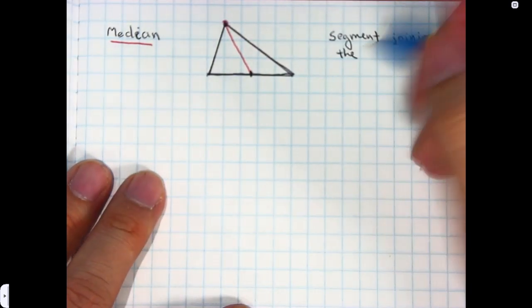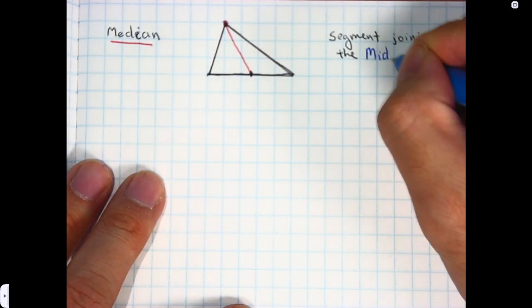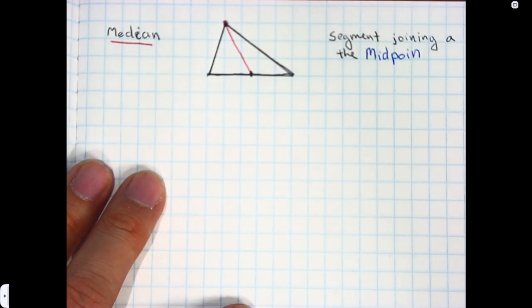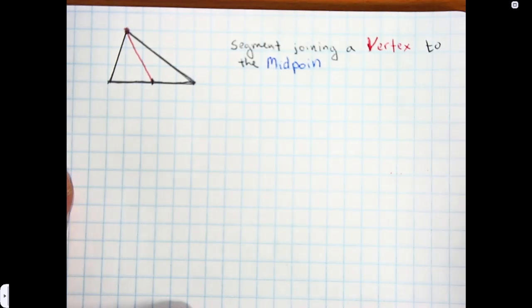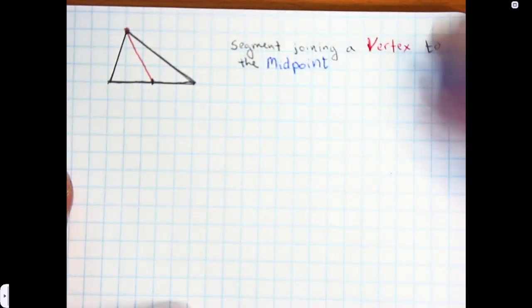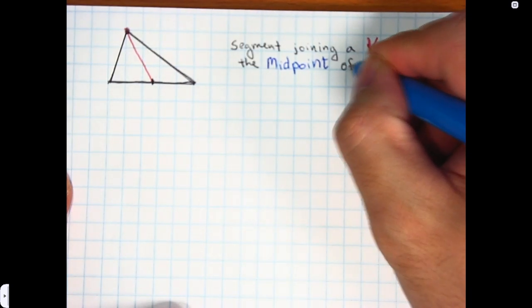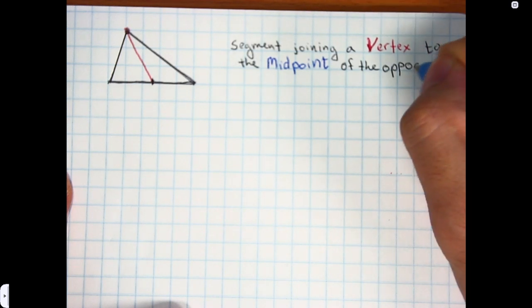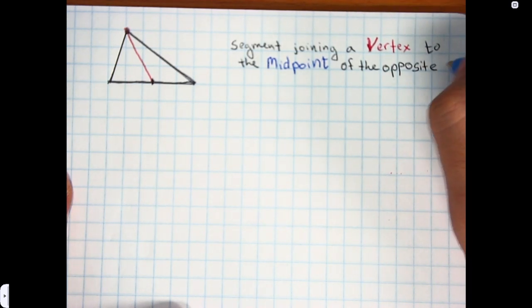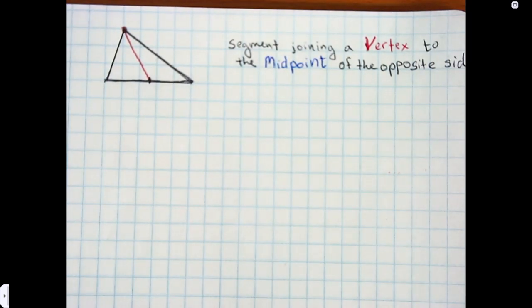Basically it is the segment, the red one, joining a vertex to the midpoint of the opposite side. The segment joining a vertex to the midpoint of the opposite side. That is the median.